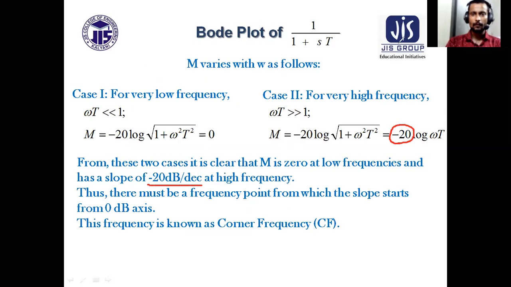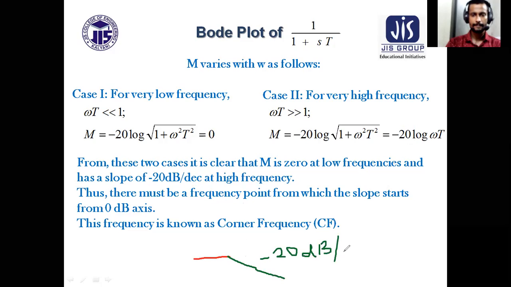So what should be the nature of the magnitude graph? Initially, at very low frequency, magnitude is 0. At high frequency the magnitude should have a slope of minus 20 dB per decade.